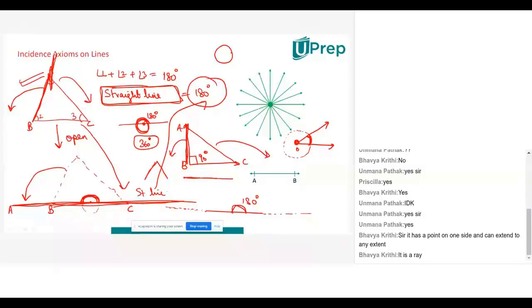Around a point, everything is 360, but I am only going to take the two rays in order to understand the angle. I am talking about this angle only. This is called a reflex angle. We will come to that. Even that is a concept we are going to discuss today. But I am talking about the angle that is formed by two rays. All these were rays. I just opened them up.